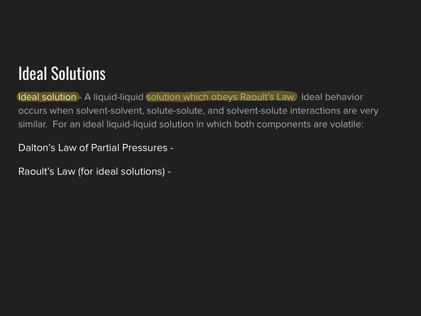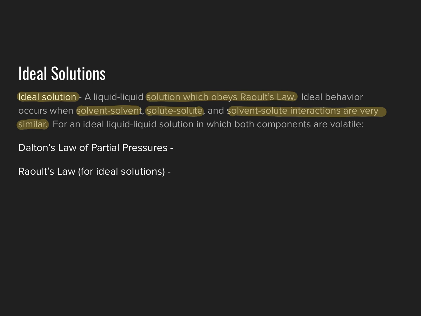They tend to form when the interactive forces, that is the IMFs that exist between solvent and solvent particles, solute and solute particles, and solvent and solute particles, are very similar to one another. So, long story short, solutions behave more ideally the more similar the components of the solution are to one another.